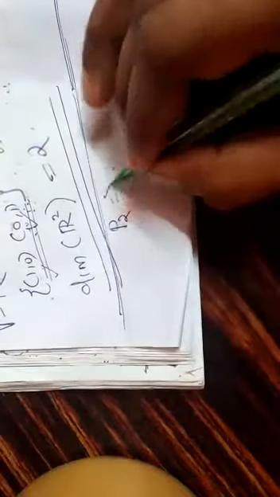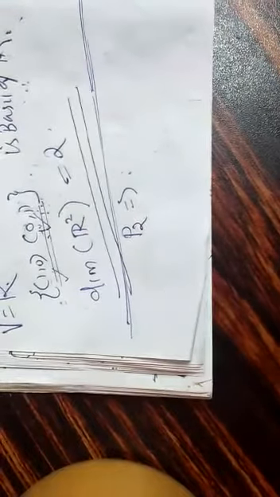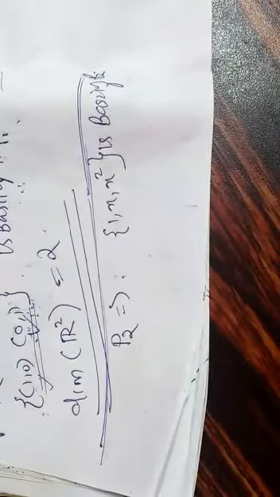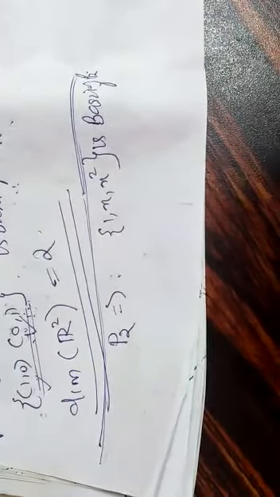Next you can take a polynomial set, P2, the set of all polynomials of degree less than or equal to 2. We already showed that 1, x, x square is a basis of P2. Otherwise, you can check it.